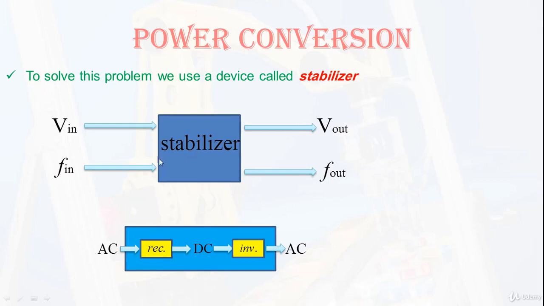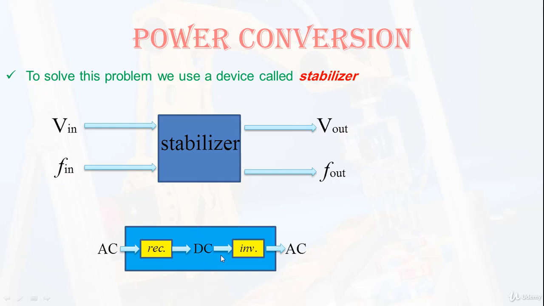So this stabilizer will give us the output frequency which we need, and it gives us the output voltage we need also. So this will be good for our fan, as we have got the output frequency which we want. So when the frequency is constant, the current will be constant also. So there will be no problem.